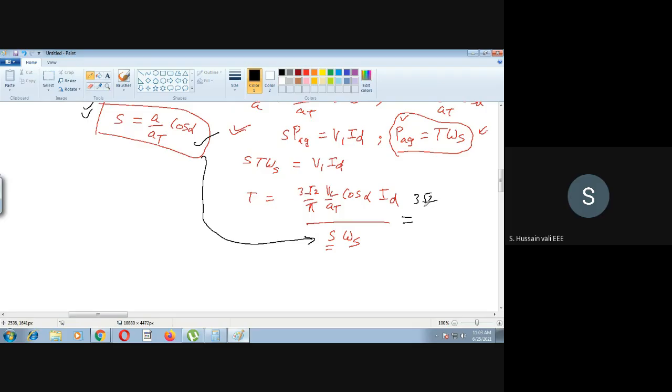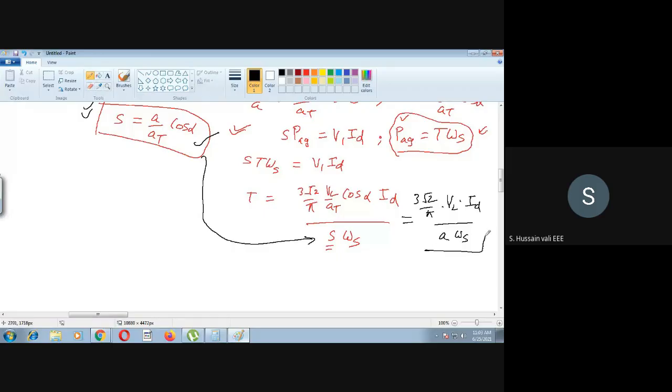So we write 3 root 2 by pi VL into ID by A omega S. Just we will cross check once again: A by AT cos alpha, so AT gets cancelled, cos alpha gets cancelled. What is left here? A is left here.